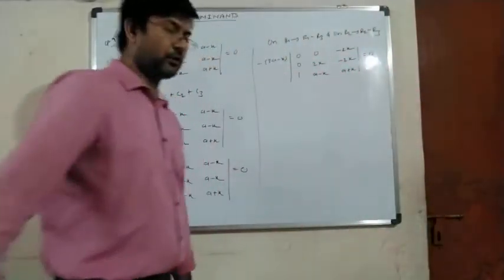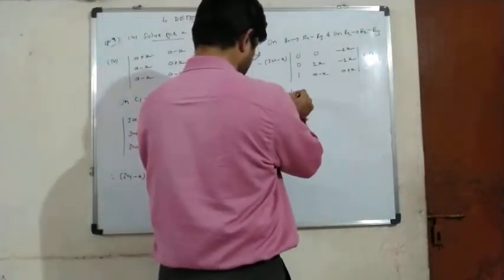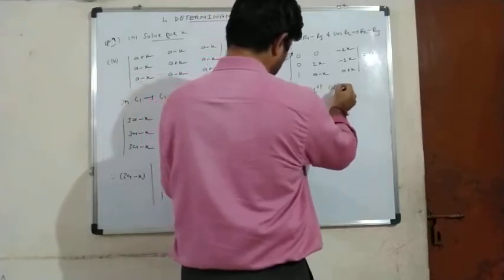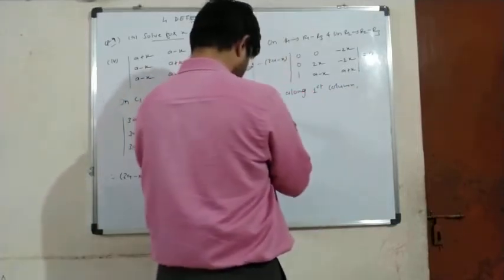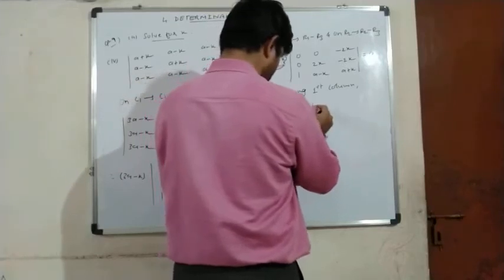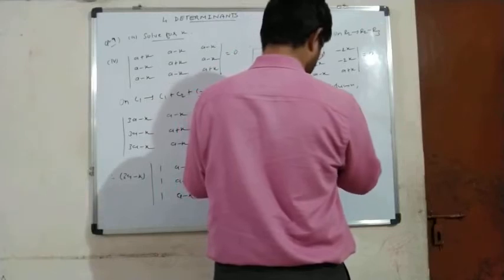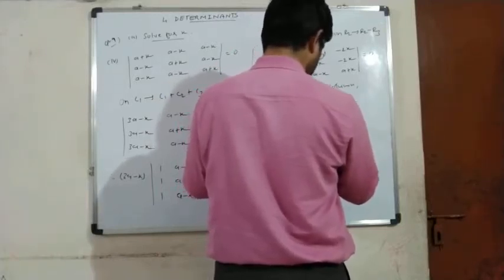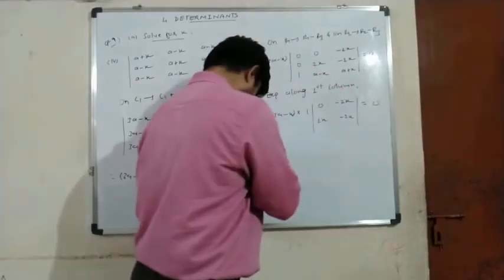Now expanding along the first column, we will get 3a minus x into 1 multiplied by the determinant of order 2 by 2: 0 minus 2x, 2x and minus 2x. Let us simplify.